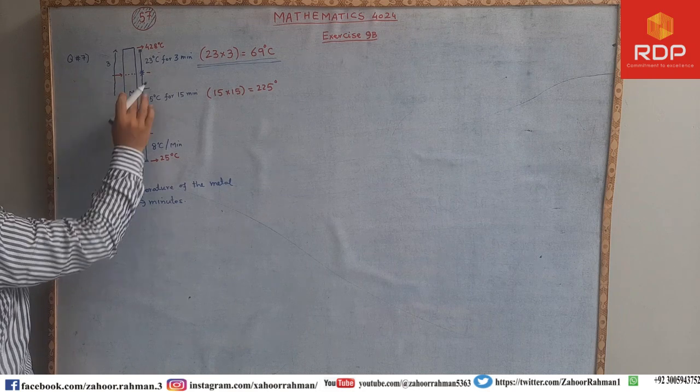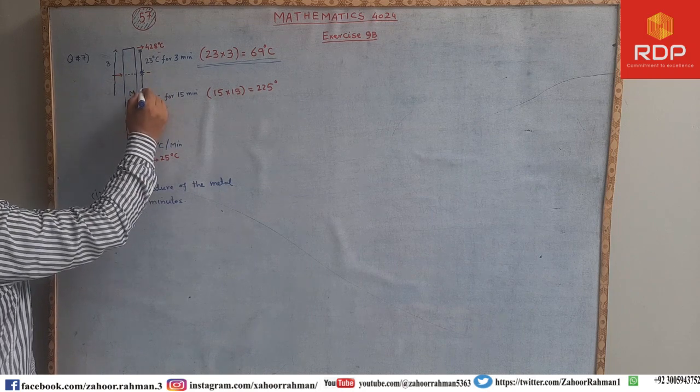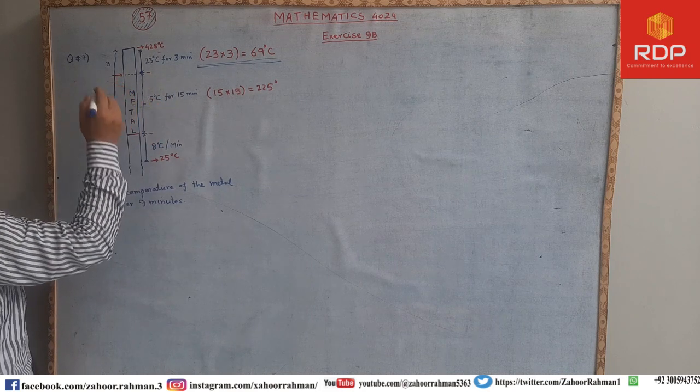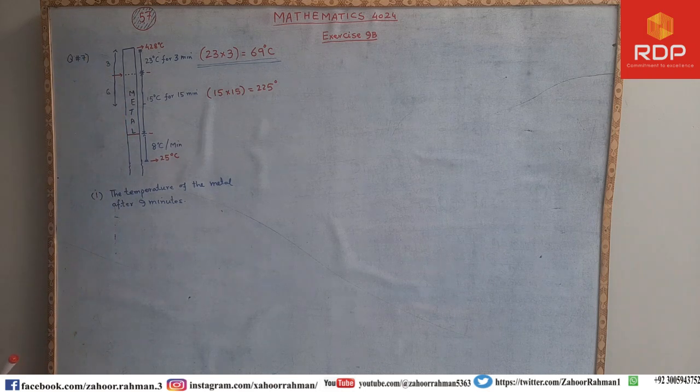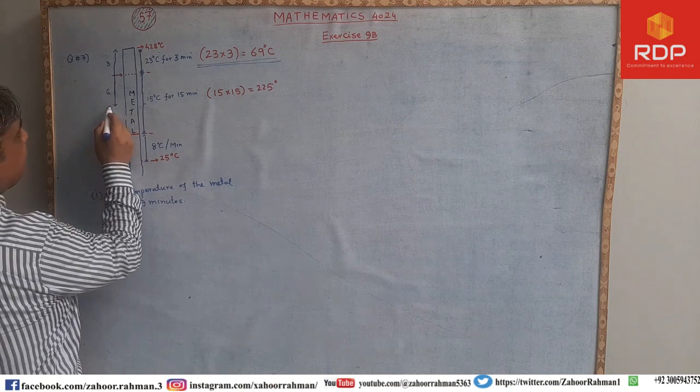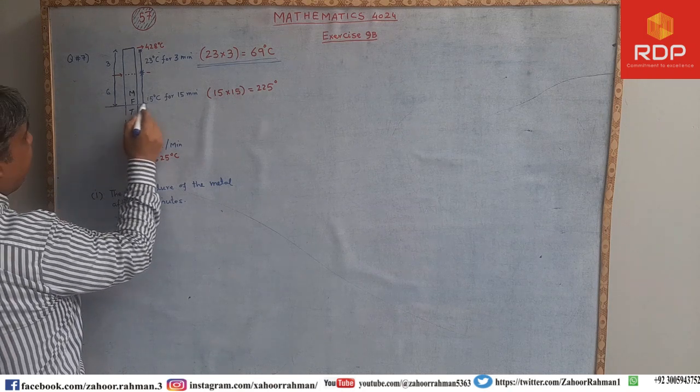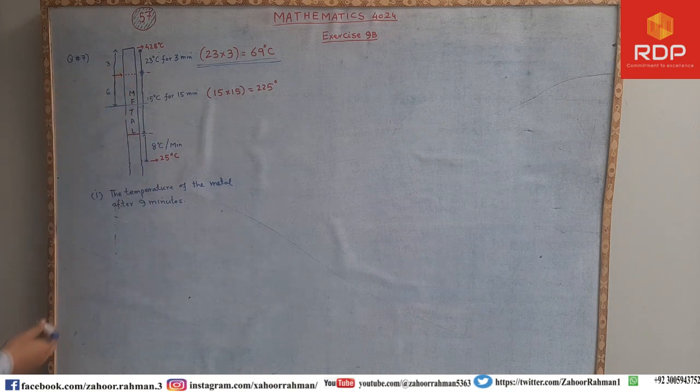So this is 3, and the 6 is double of it. So we have to find the temperature at this location, 3 plus 6, and that is equal to 9.